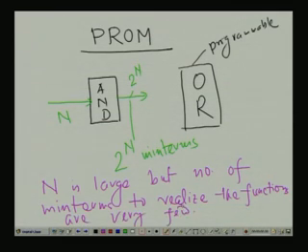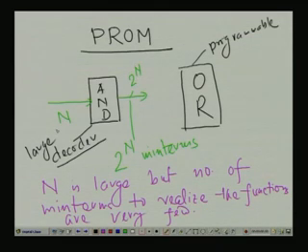In this case, as n is large, we need an n to 2 to the power n decoder, so we need a large decoder, but only a very few min terms are needed. So this is a wastage, area would be very big. The predefined structure of the decoder is very large, but actually I have to realize only very few min terms. So this is very impractical in a real life situation.